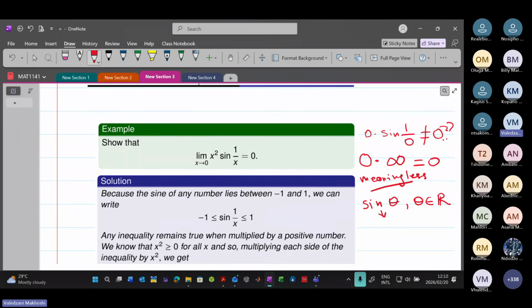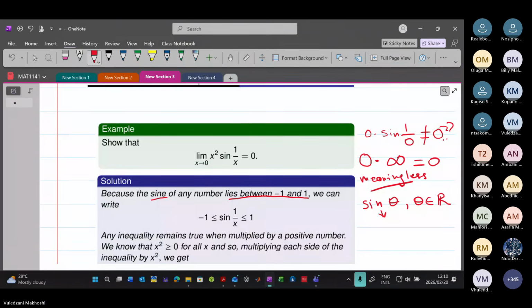If you put your calculator on radian mode, you will observe that the sine of any real number will lie between -1 and 1. That's something which is known.